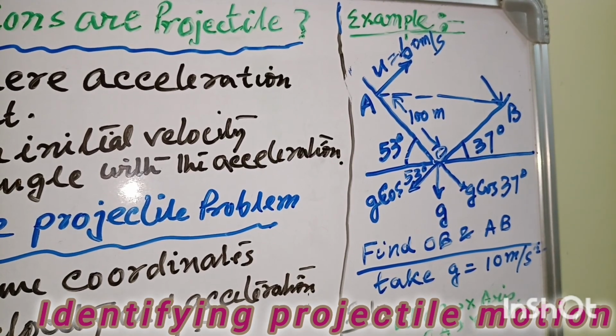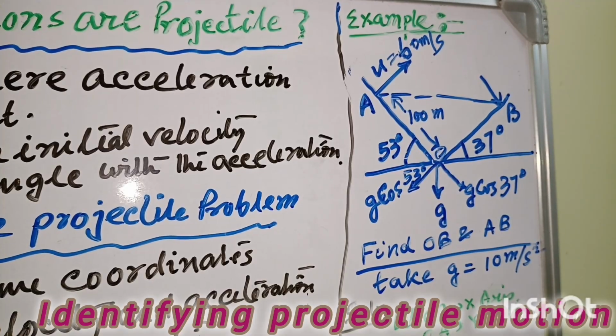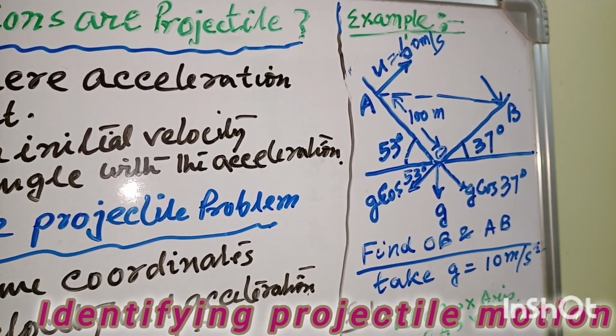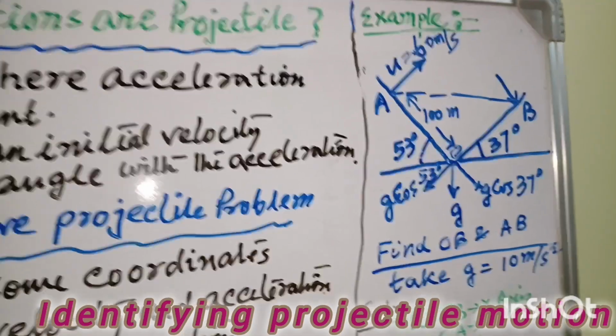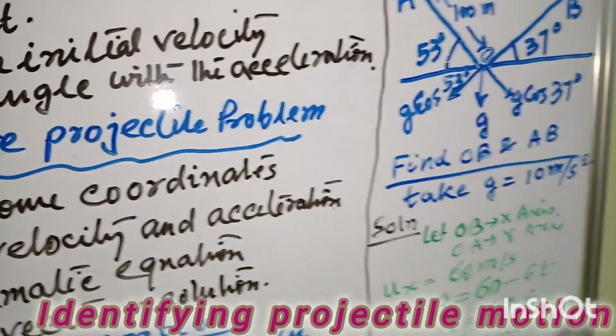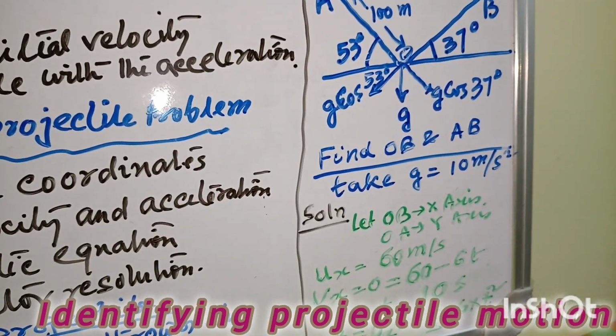In the triangle AOB, AB is the hypotenuse. So if we know OA and OB, we can find AB. OA is already given, say 100 meters. Now how to proceed with this problem? Just listen carefully.